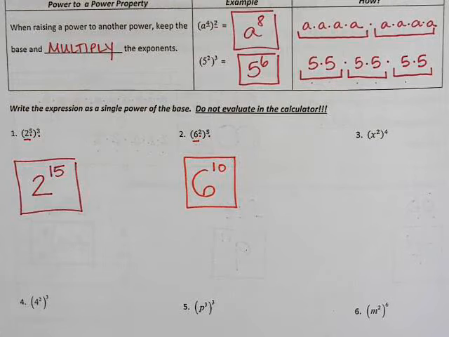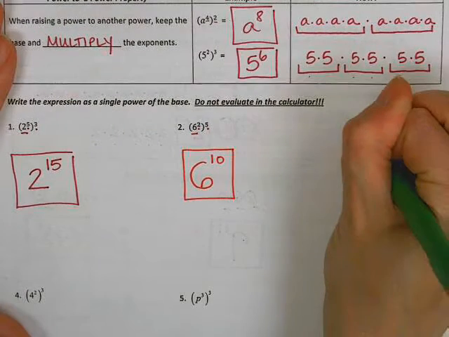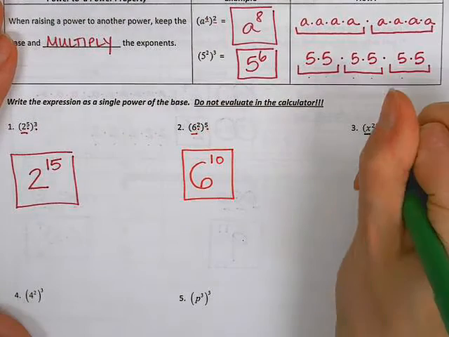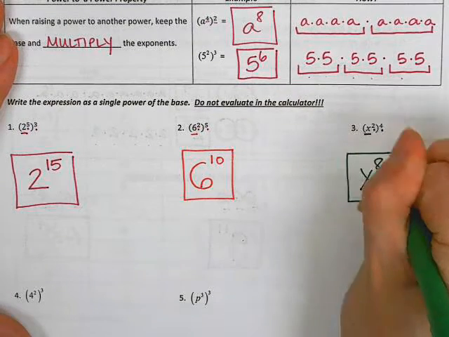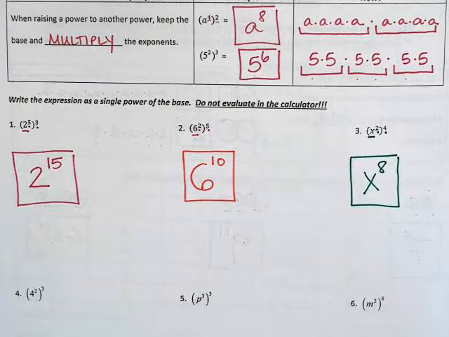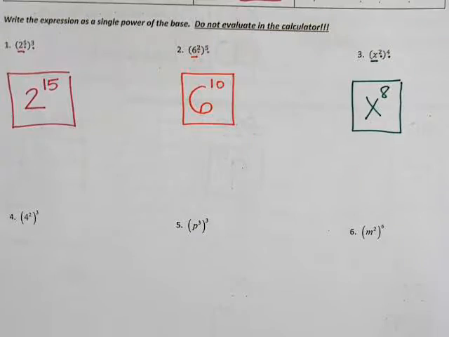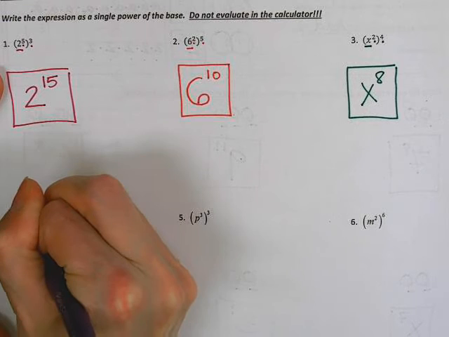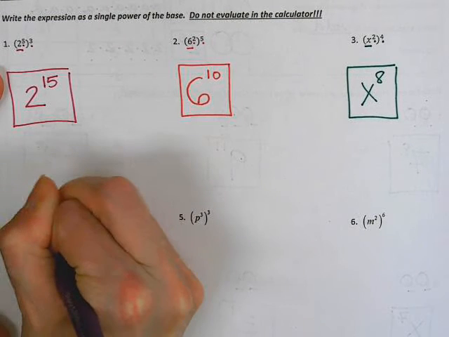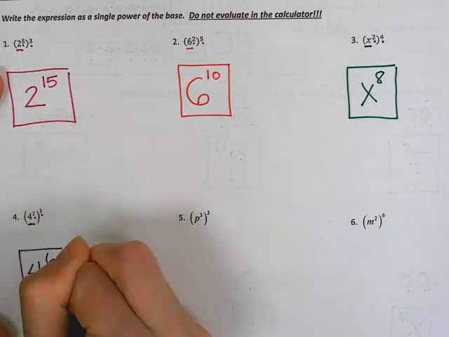All right, number 3. The base stays x, but power to a power you multiply, should be 8. All right, number 4. The base stays the same. Power to a power you multiply, should be 4 to the 6th.